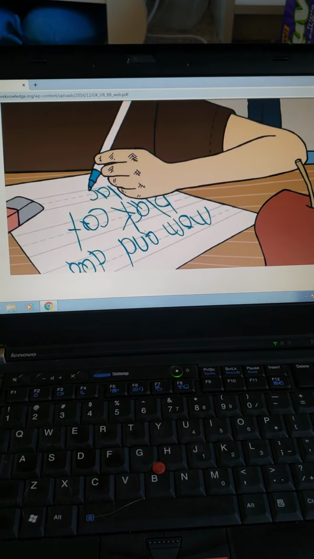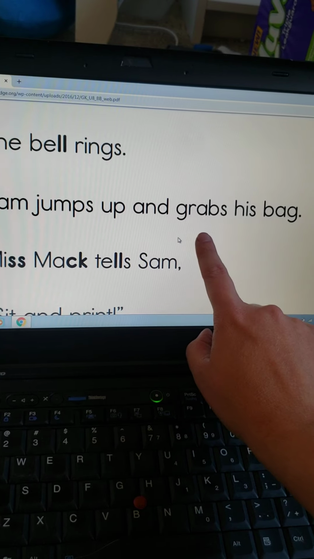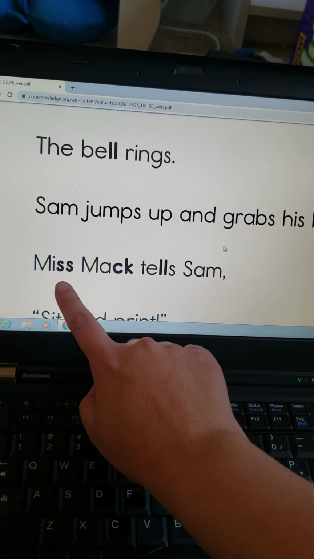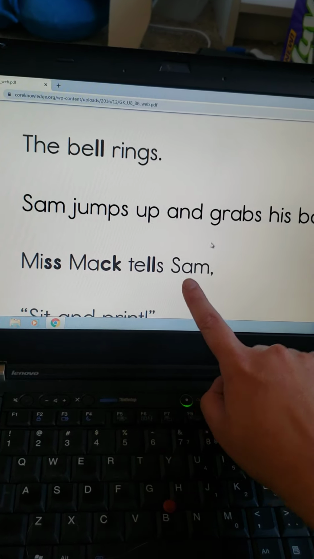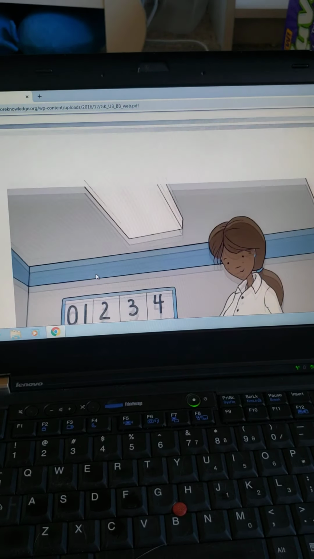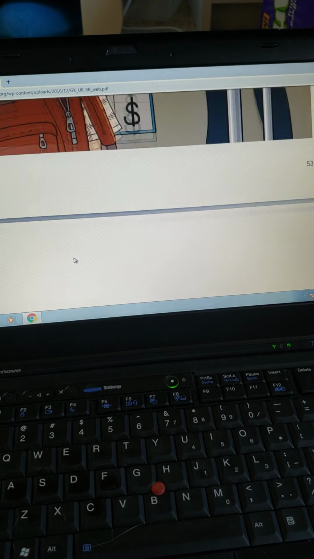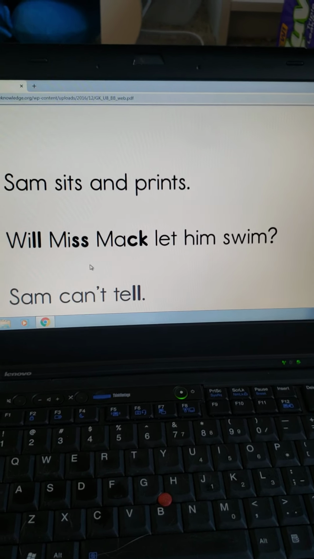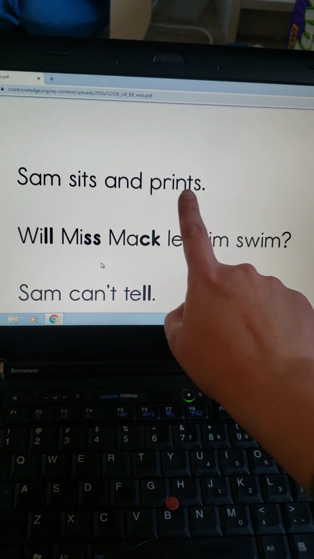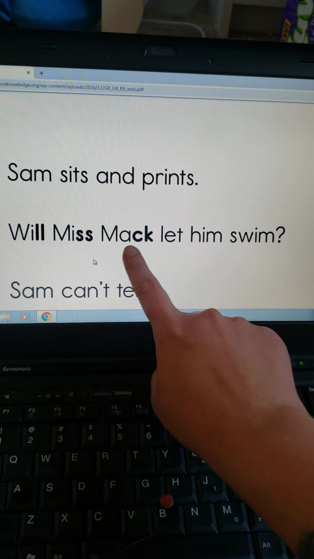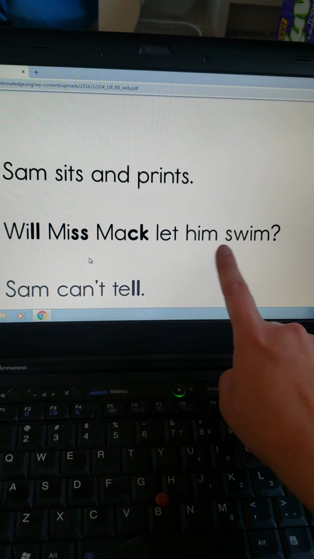Okay. The bell rings. Sam jumps up and grabs his bag. Miss Mac tells Sam, sit and print. So he tries to leave and the teacher says, no, you have to sit and write. Sam sits and prints. Will Miss Mac let him swim? Sam can't tell.